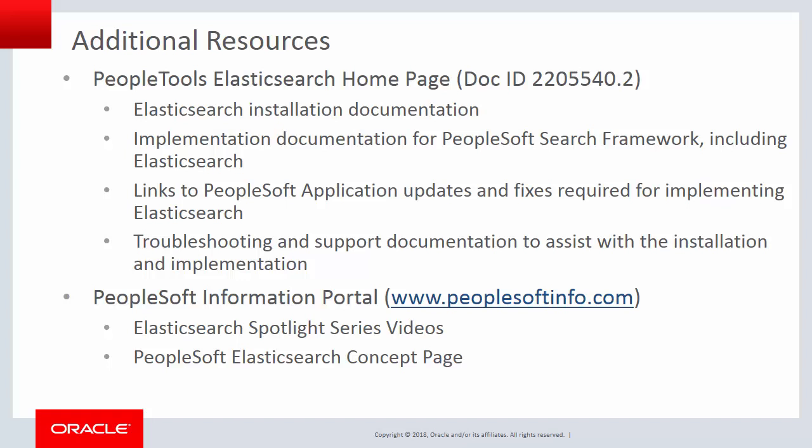This document contains all documentation, including installation, implementation, troubleshooting, and support related to Elasticsearch and Search Framework. The homepage also provides links to PeopleSoft application updates and fixes that are required for implementing Elasticsearch. The PeopleSoft Information Portal provides links to Elasticsearch videos and Elasticsearch concept page.